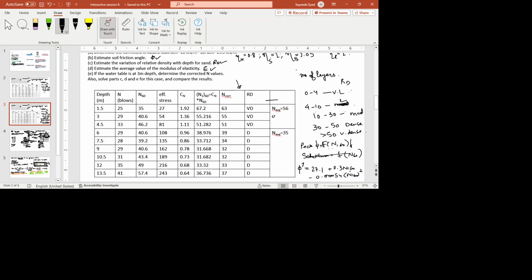So based on this, phi equals 42, and here phi equals 39, 37 degrees.